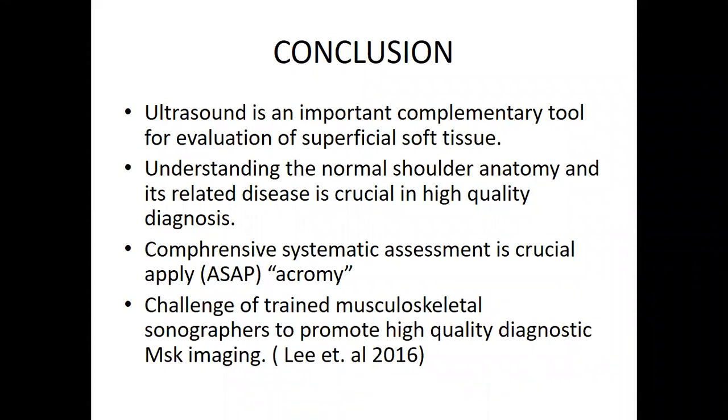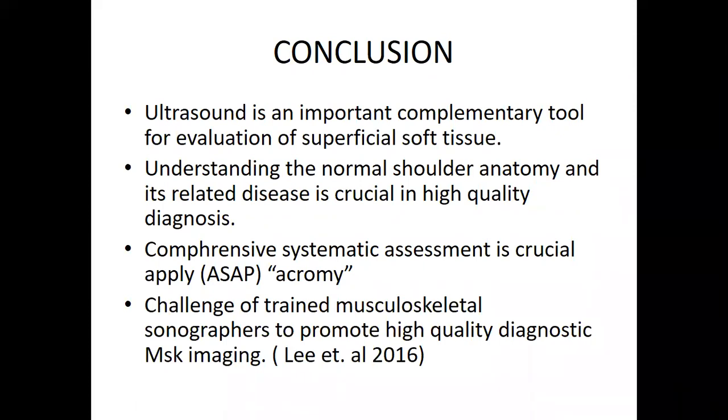Again, I mentioned you can apply this acronym, the 4 compartments, which is the anterior, the superior, the anterior lateral, and the posterior. There are 4 compartments, and in each, you have to know exactly what you are looking for. For example, in the anterior compartment, we mentioned what to look for, related diseases.